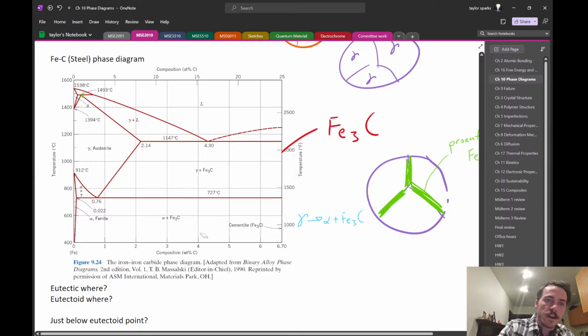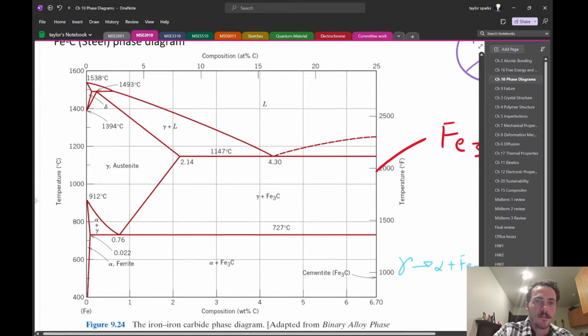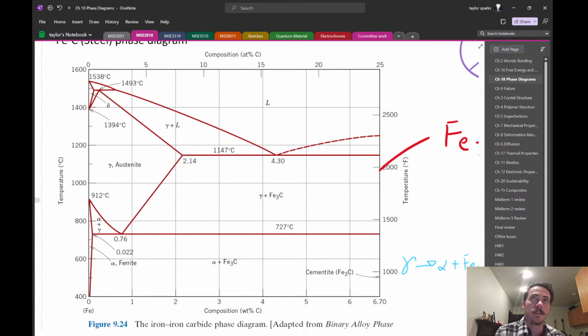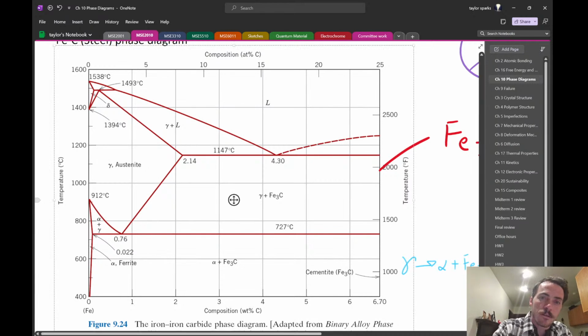So in this steel phase diagram here, there are many of these points that are being asked about. First off, let's talk about a eutectic. A eutectic is a transformation that goes from a liquid to 2 different solids upon cooling. So where in this diagram do we see that? Well, here's my liquid.